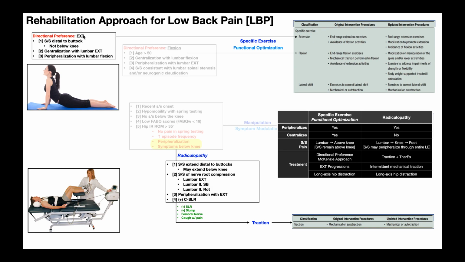But if they go past the knee, into the shin, the calf, even down to the foot, that makes it less likely that they'll do well in the directional preference group and more likely that you'll put them in the radiculopathy category. Okay, so in the radiculopathy category, the symptoms go from the lumbar spine, they can go to the knee, but they can even go to the foot. So they can peripheralize through the entire lower extremity. And really that centralization and how far the pain goes down, those are two really big factors that differentiate which group a patient is going to fall into, directional preference or radiculopathy.